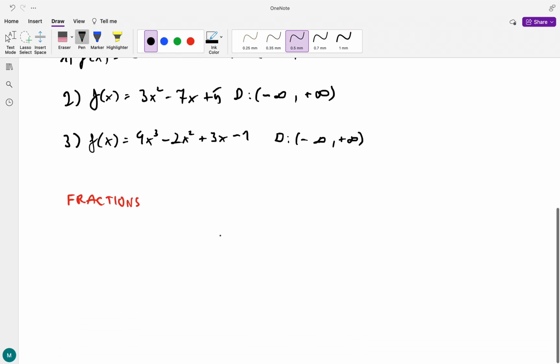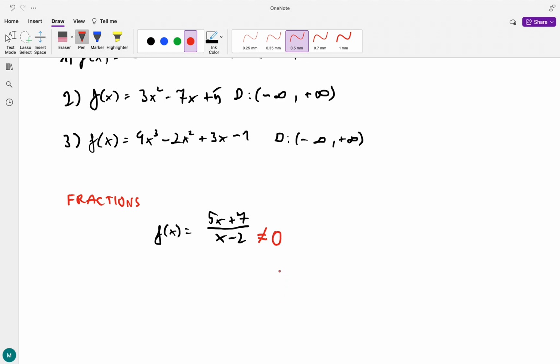And let's consider f of x equal to 5x plus 7 divided by x minus 2. So whenever you see a fraction in a function and you're looking for a domain, the number on the bottom cannot be equal to 0.